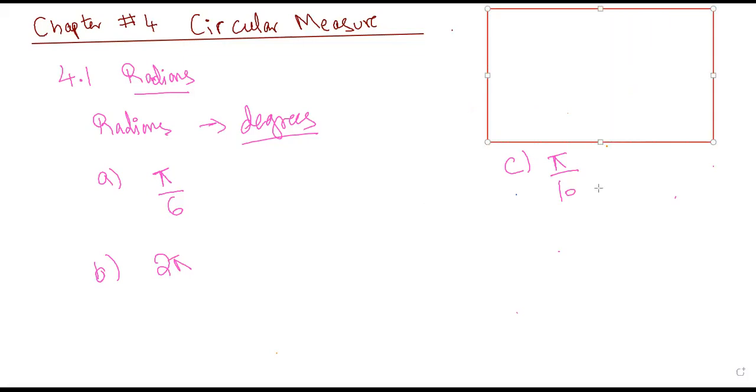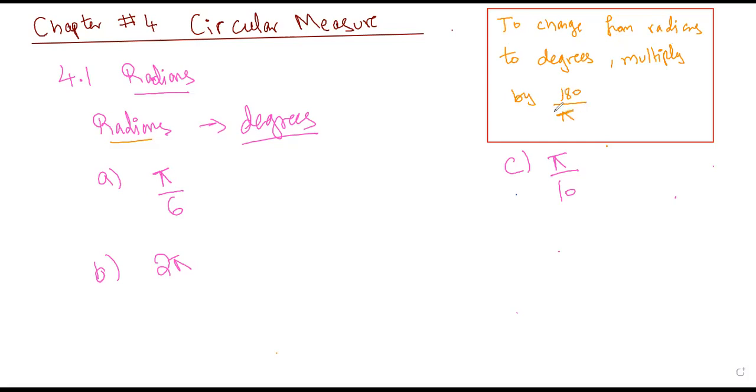So, since we're talking about converting the angle from radians to degrees, what you need to do is, to change from radians to degrees, multiply by 180 by pi.